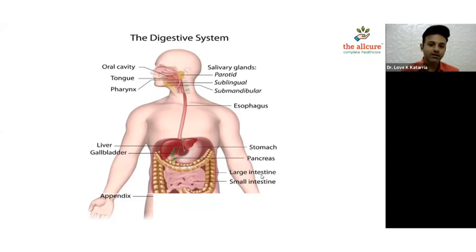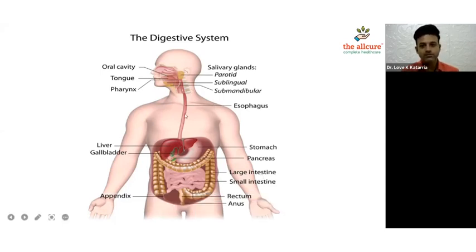From the oral cavity, the food or liquid enters the esophagus and then the stomach. From the stomach, it goes to the intestine, first the small intestine. So what happens in the small intestine?